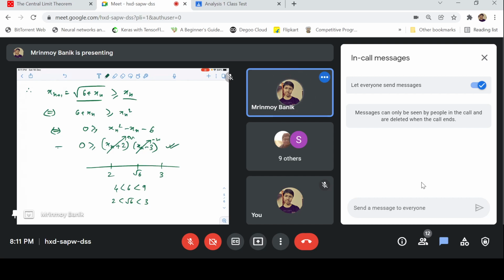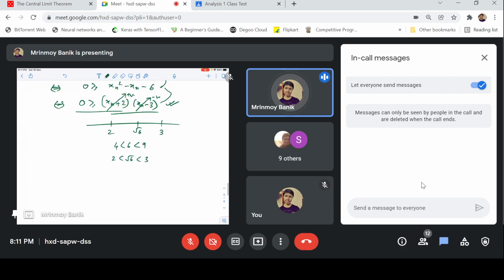Now you can revert back. You can start with this statement and then end with this one, which implies x_{n+1} is greater than or equal to x_n. So it's at least increasing. So x_n is monotone.